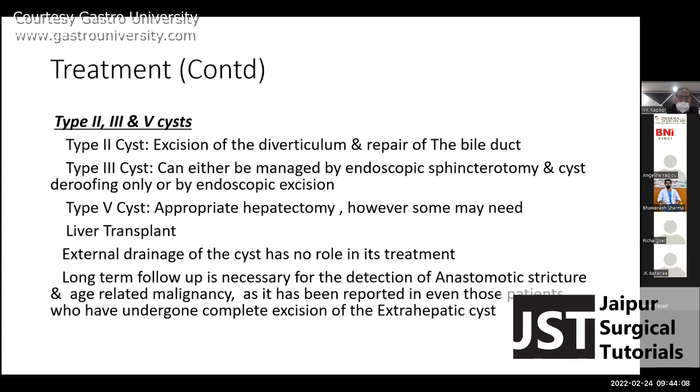Type 3 cyst, surgery has now been totally replaced by endoscopic management, and it can be managed by endoscopic sphincterotomy and deroofing only, or sometimes endoscopic excision can be resorted to. Type 5 cyst, in Caroli's disease, may require appropriate hepatectomy, and some of them may even need liver transplant.